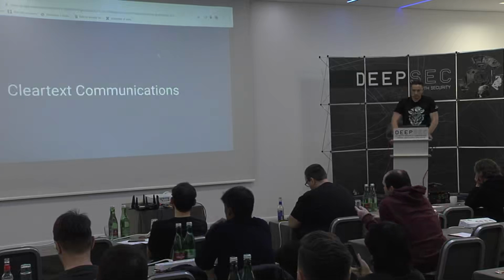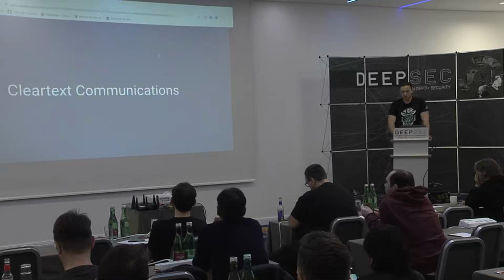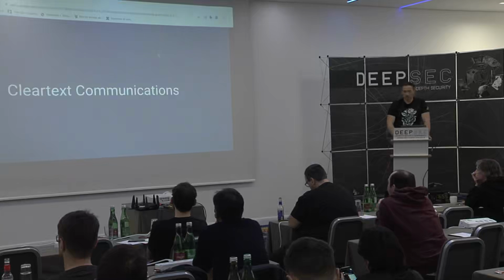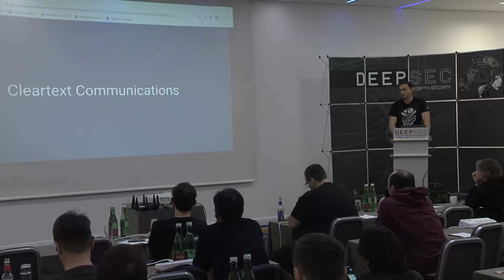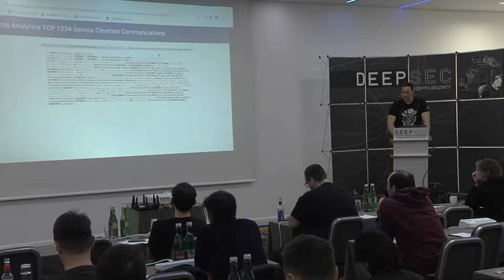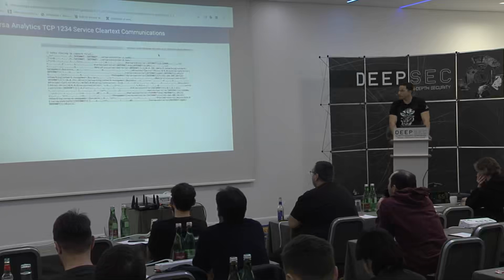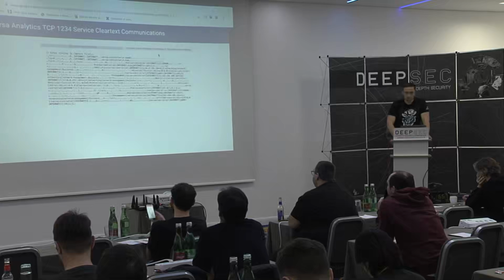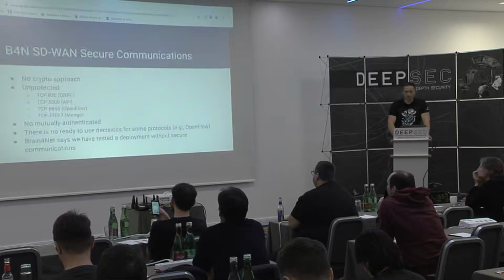The next insecure feature is clear text communications. SD-WAN products have multiple protocols on different planes, control planes, application planes, and so on, and sometimes vendors forget to protect those protocols. For example, this is one of the protocols implementing a service on TCP port 1234. This is clear text.